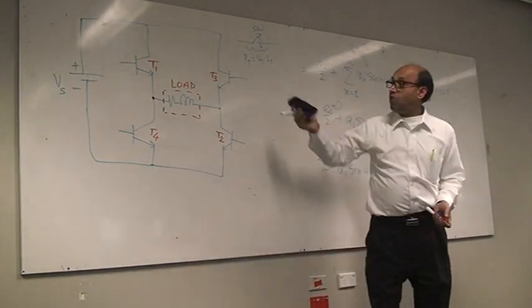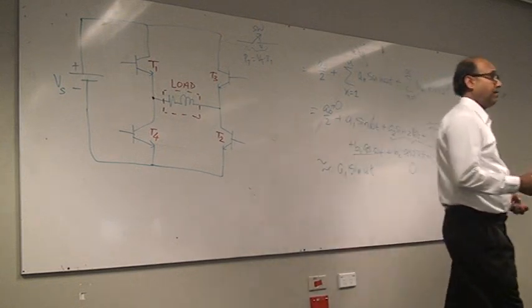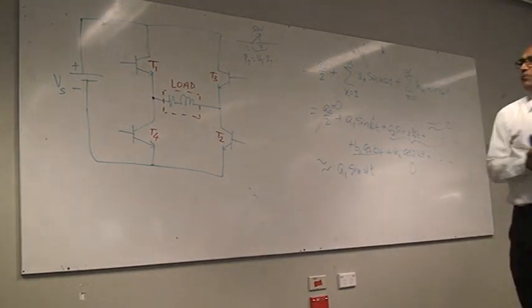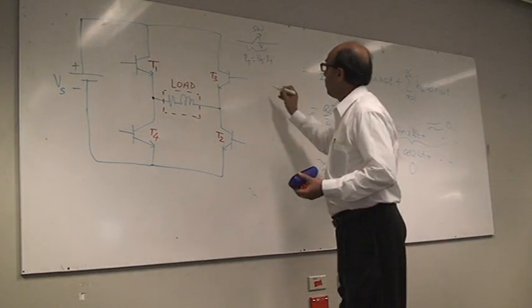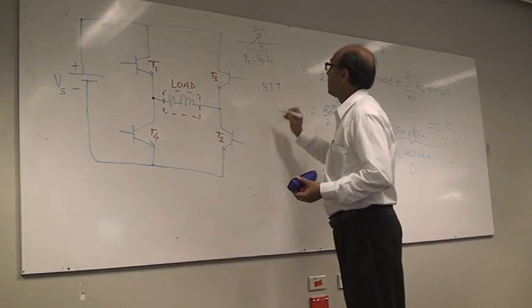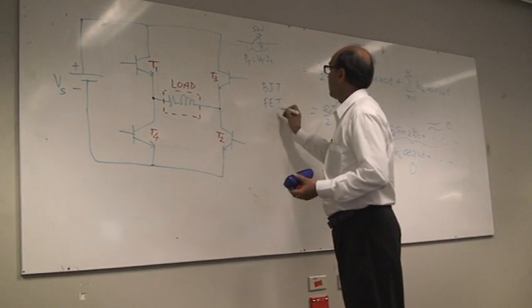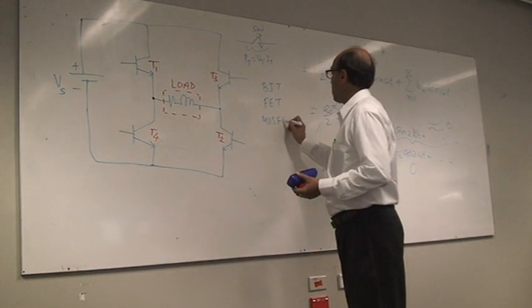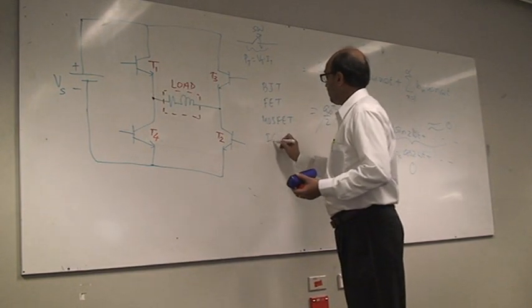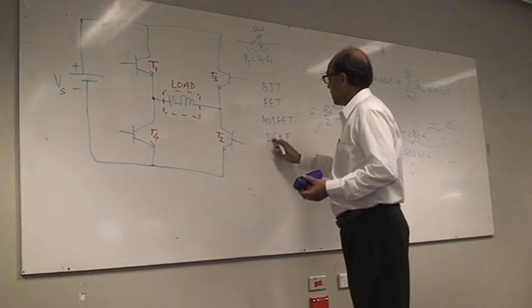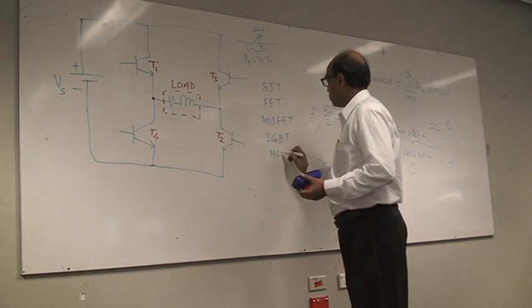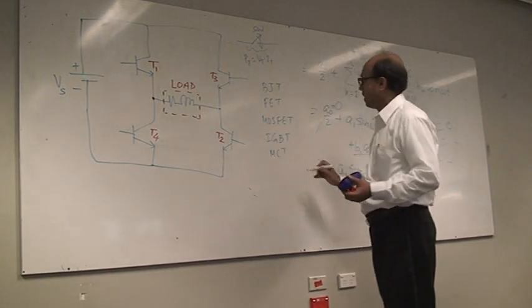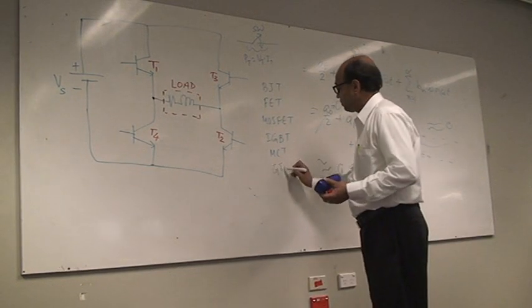Then the question is what type of device we will have. There can be different devices: BJT, FET, MOSFET, IGBT, then also MCT, GTO.